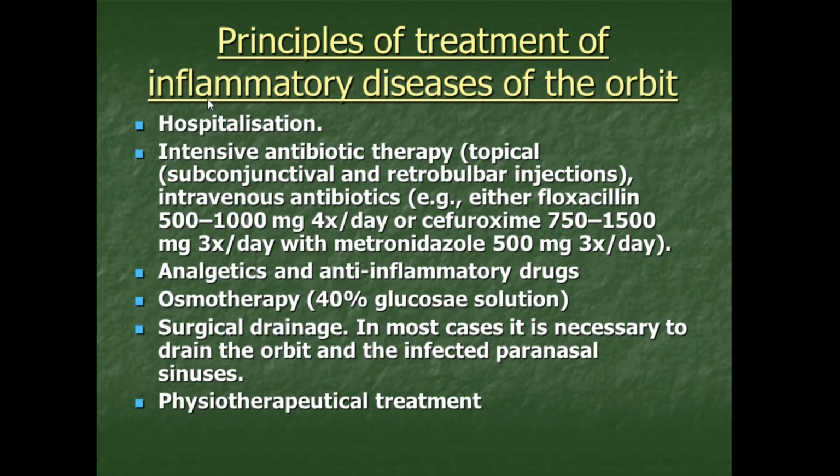If we make drainage of the orbit, but our colleagues, ENT doctors, don't make drainage of the sinuses, our treatment will not be effective. So be careful with such patients. If you see or suspect orbital cellulitis, you should react immediately.